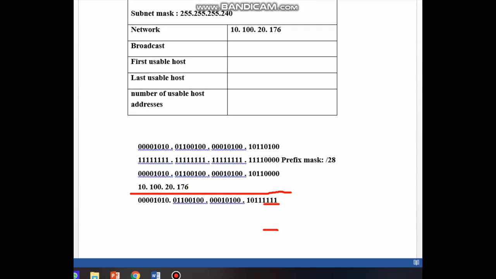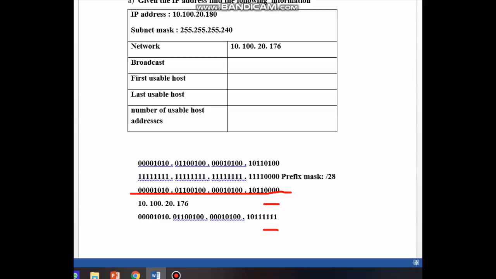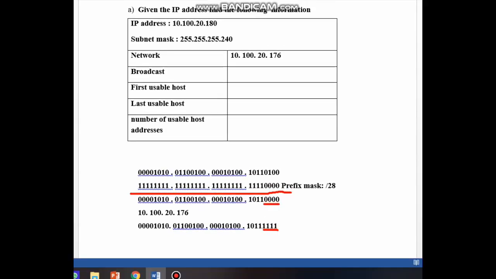Right? So now if I write the decimal representation of this, it will be 10.100.20.191.